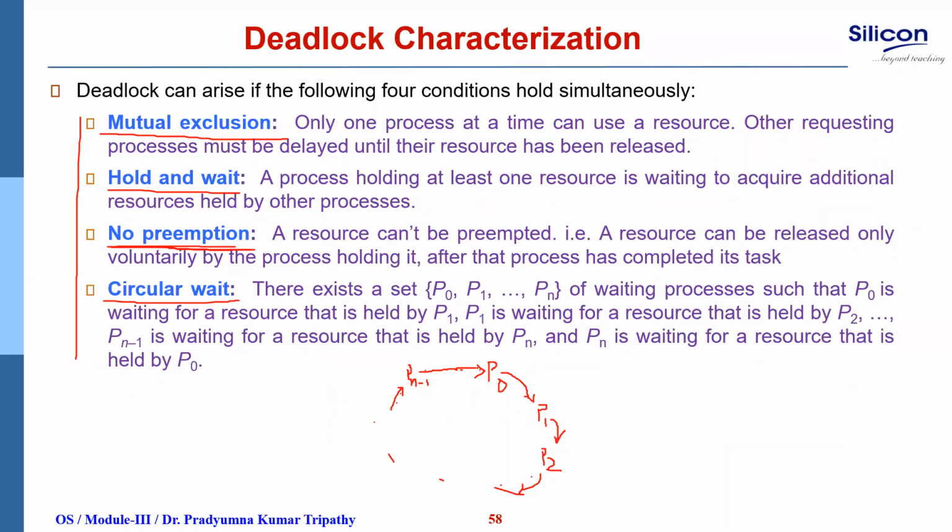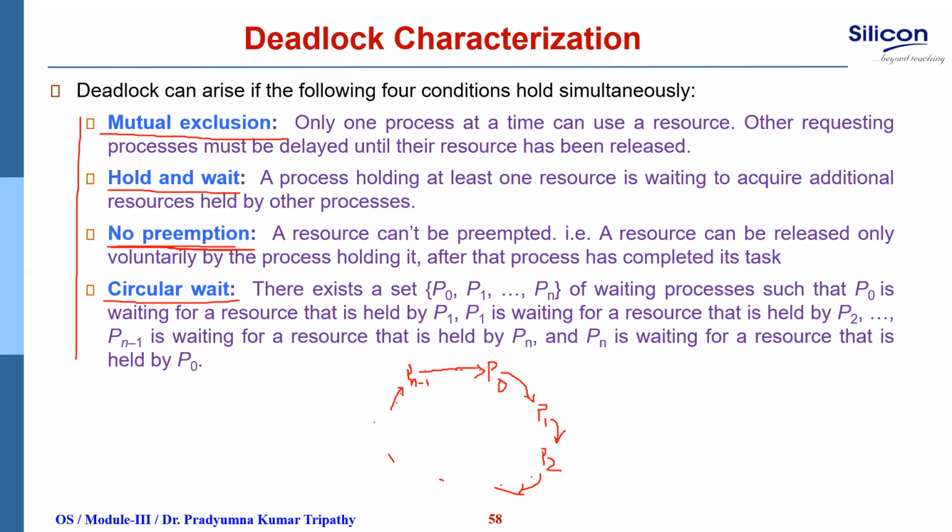If all these four conditions, try to understand, I am not saying any one of these. Mark it. These are the necessary conditions, and if all four occur at the same time, then we say the deadlock has occurred. In other words, if I could break any one of them, then the deadlock will not occur.